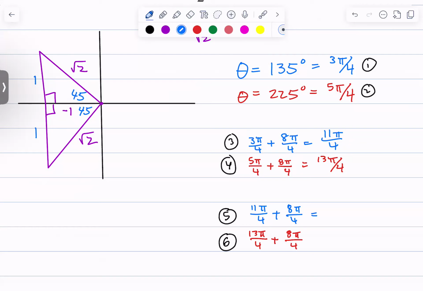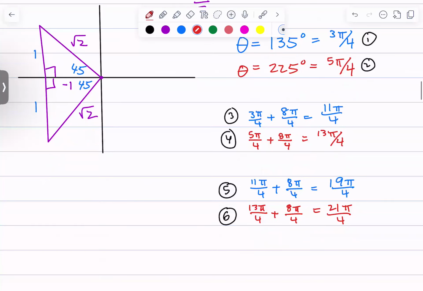First one is what? Oh no, not 29. 19 pi over 4. This is 21 pi over 4. So I got my fifth and my sixth.